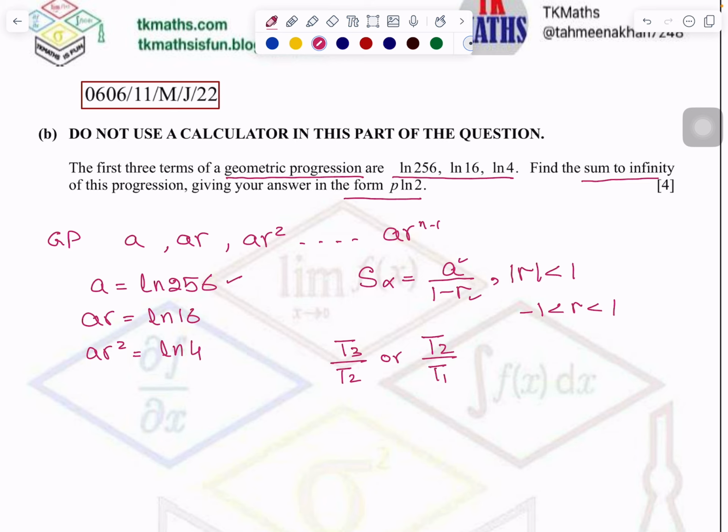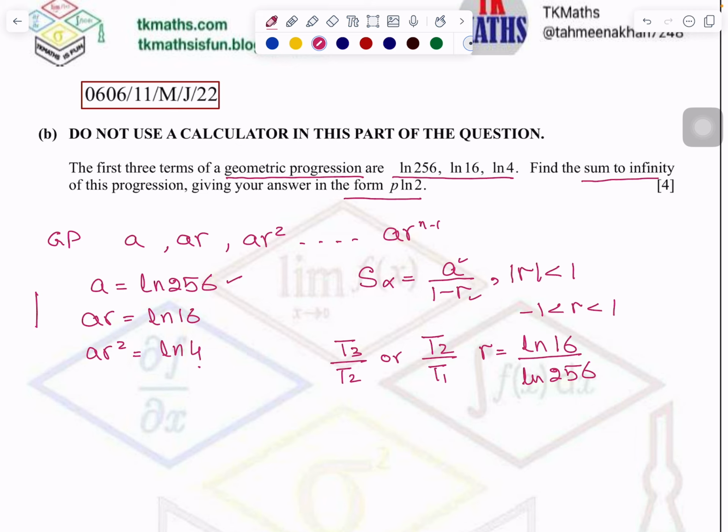So I am doing term 2 divided by term 1. So it is ln 16, that will give me r, divided by ln 256.